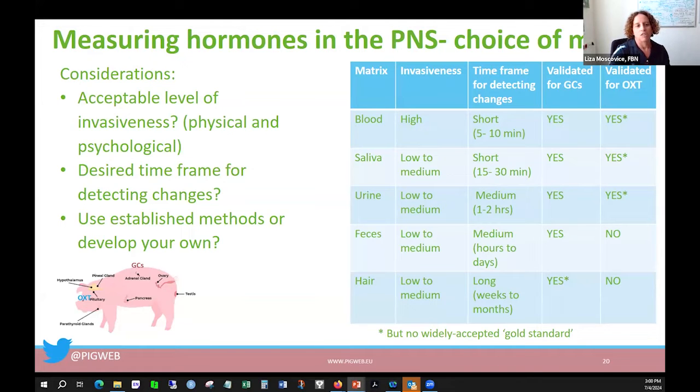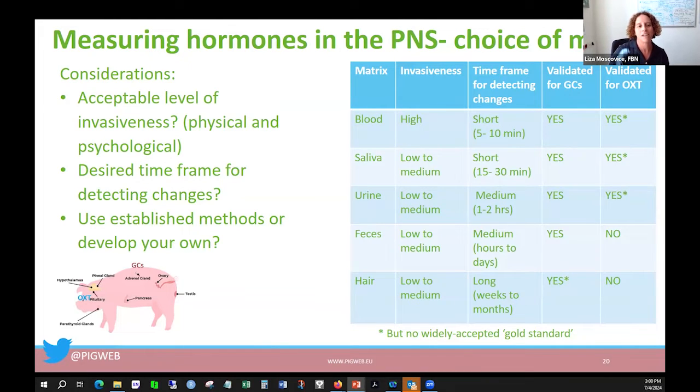And so we typically think of measuring hormones in blood as the most invasive. Of course, this typically requires restraint of the animals, which is really stressful for them, and also puncturing the skin, which requires a high level of training, and there can, of course, be problems with this. And arguably, the other matrices are minimally invasive, but why I show this kind of range of low to medium invasiveness is I think this really depends for saliva, for urine, for feces.